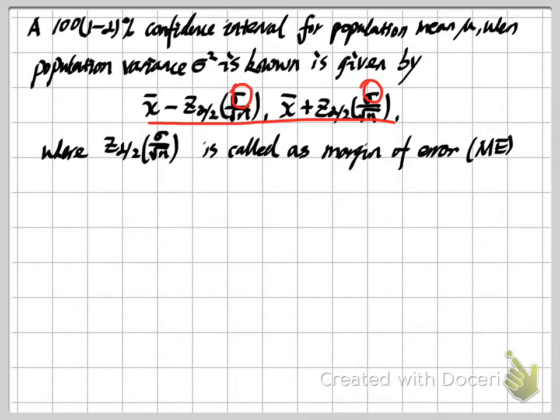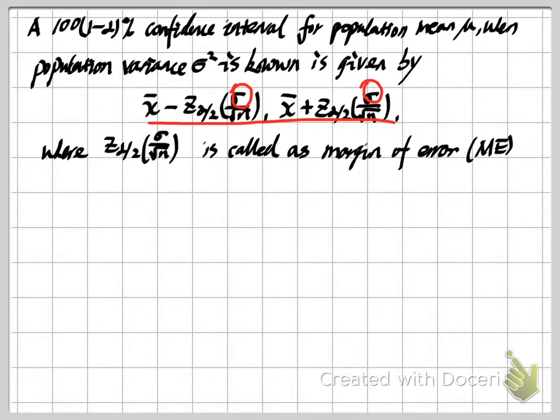The first one is if our sample size n is really large, then in this case, we can use our previous central limit theorem to guess the value of our sigma. If you don't know what the central limit theorem is, you should look at my previous videos about the central limit theorem.